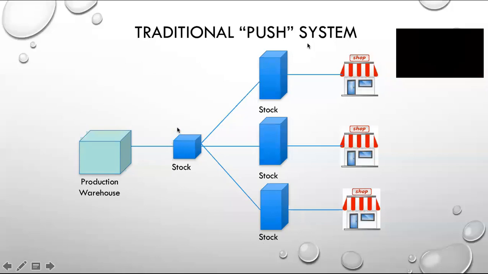So if you look at here, if we had all of these going straight to the production warehouse, the amount of stock required to maintain these two would be higher than if we just had one servicing both of these. So this is just the general risk pooling concept.